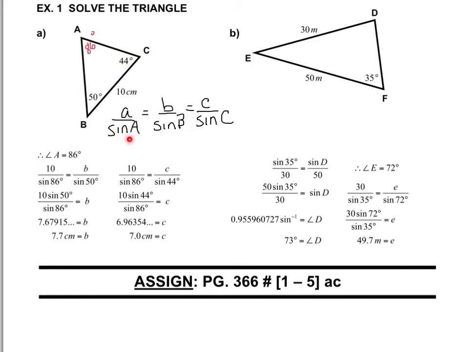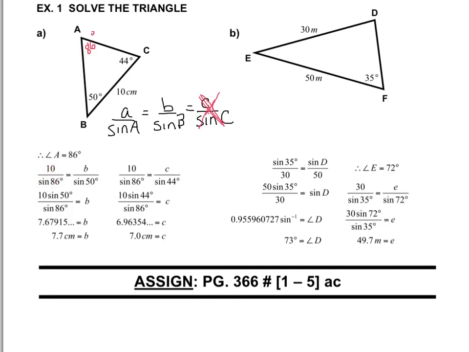Now, there are three parts to this, but usually you're only going to use two at one time. So right now, we're going to forget about one of them, and in this case, it's going to be this one. If you look at how it matches up, we get the side 10 over the sine of the opposite angle. So we wrote that right here, just subbing it directly into the formula.